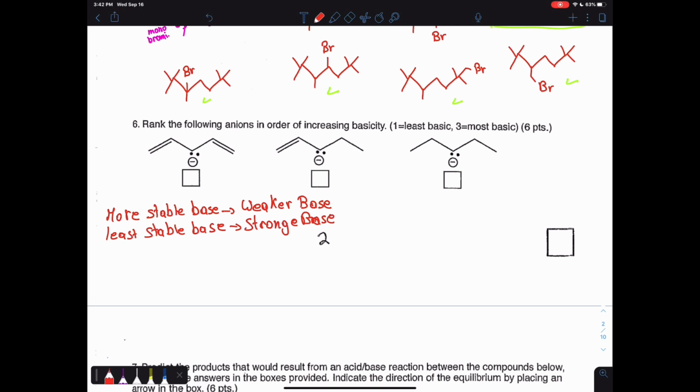And for acids, it's the opposite, so the more stable acid is going to be the stronger acid. And the less stable acid is going to be the weaker acid.